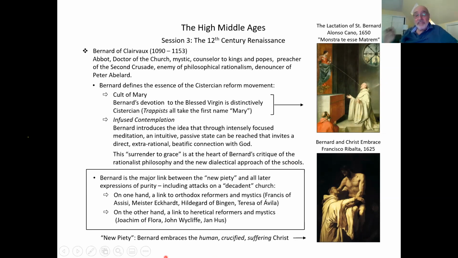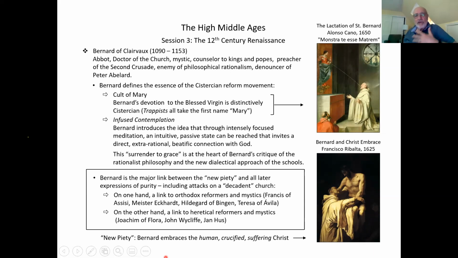Anyhow, the other focus we have for Bernard, which I cannot stress enough, is because it has in it the whole tradition of personal piety as it had begun in the century before and is going to continue through extreme expressions of piety and mysticism like that of Francis of Assisi.